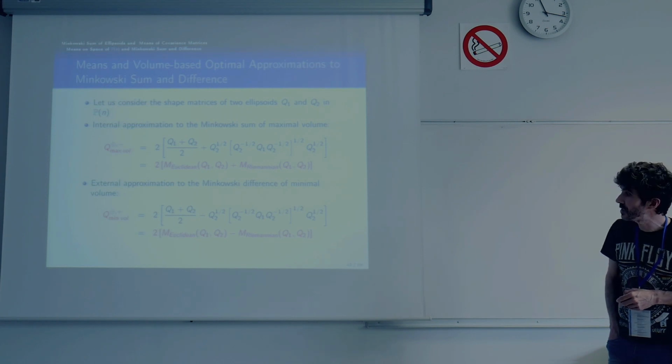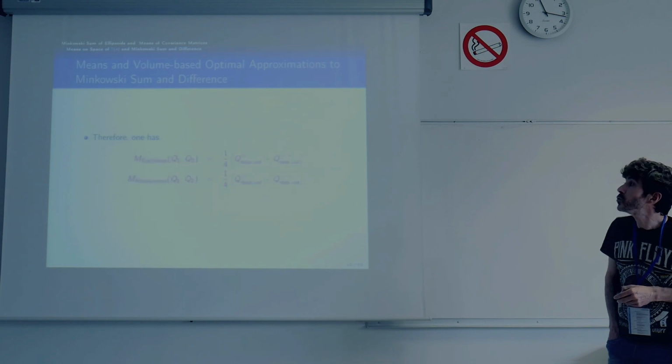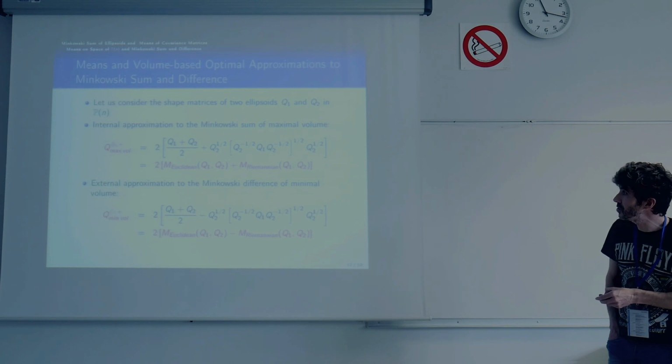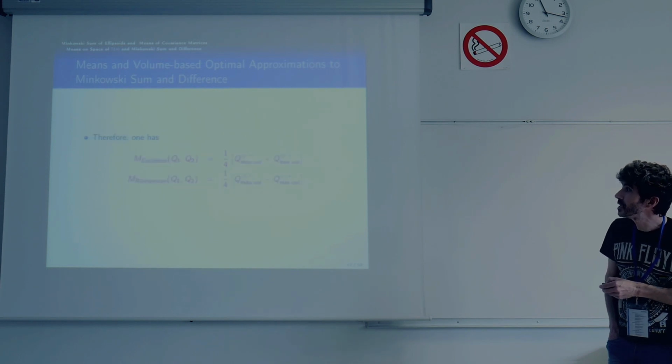And similarly, for the difference, it's just the difference between the two there. Taking just the sum of these two equations, you can also say that the Euclidean mean between the two matrices is just 1/4 of the shape of the sum and the difference. And for the Riemannian one, it will be like that.